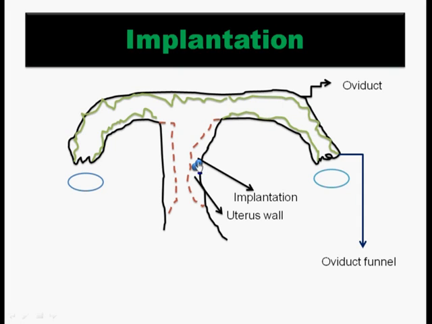Now, let us go back to it a little. Good. So there you saw implantation. So implantation is basically the sinking of the fertilized egg in the uterus wall. So you saw that the fertilized egg sank in the uterus wall, and that is called implantation.